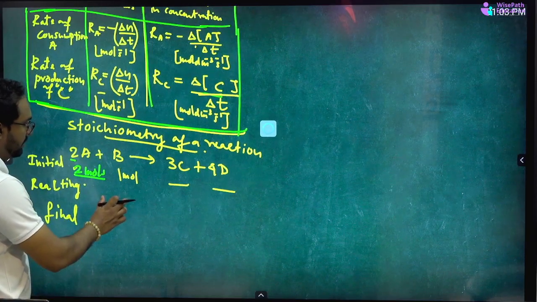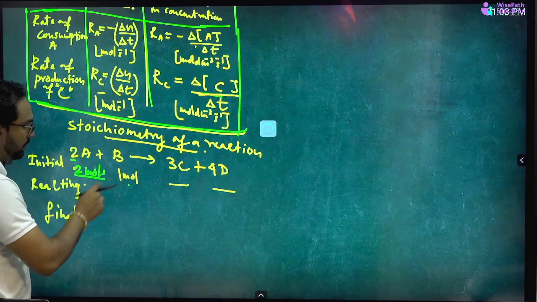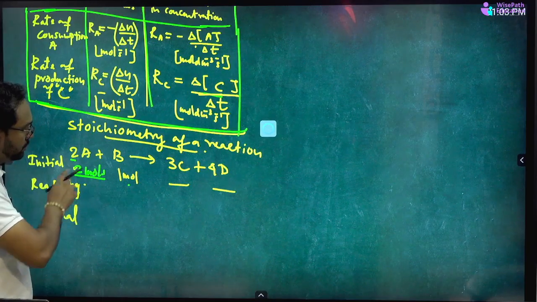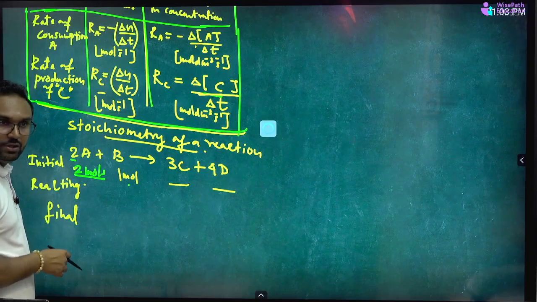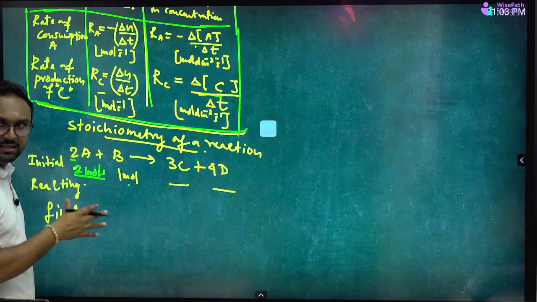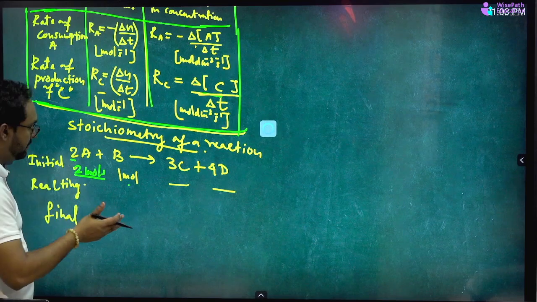So now in the first part, look at this. There's 1 mole of B and 2 moles of A. So they can completely react with each other. Nothing is lacking, nothing is extra.